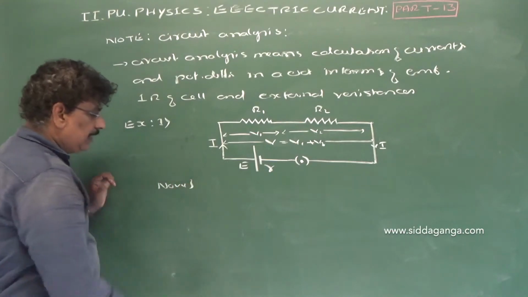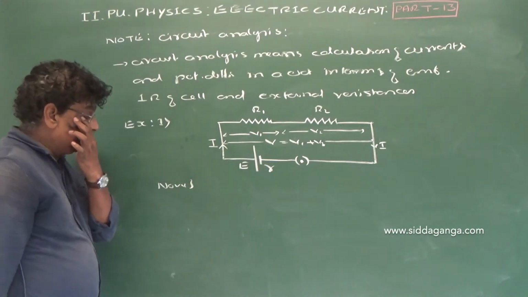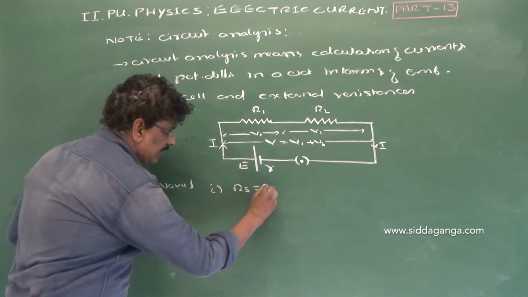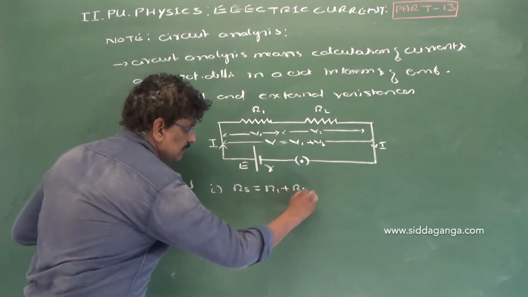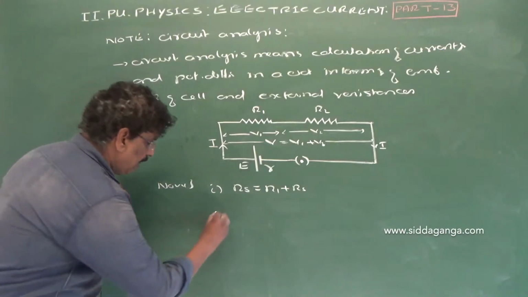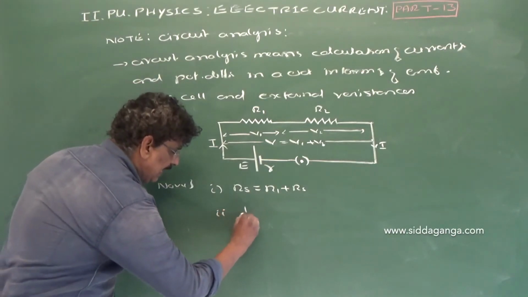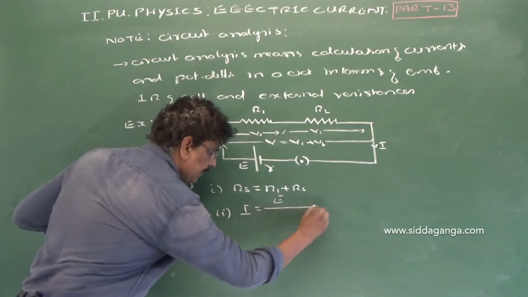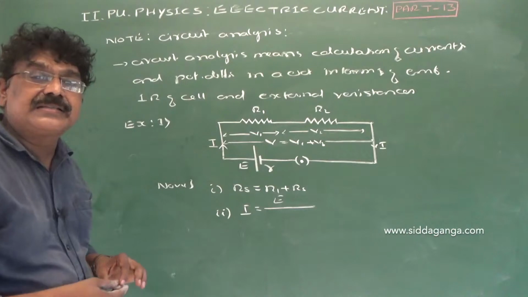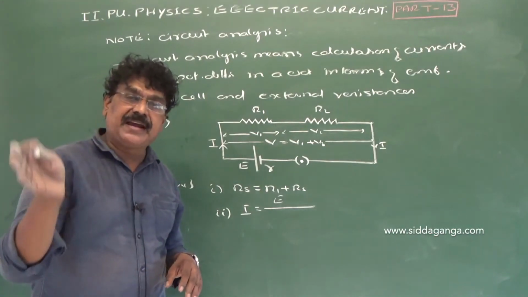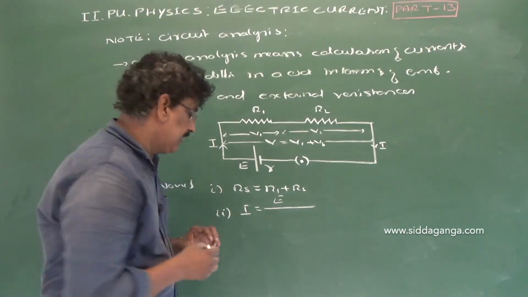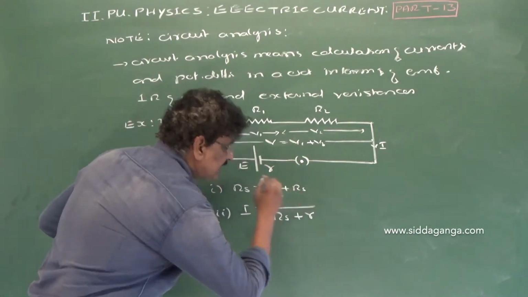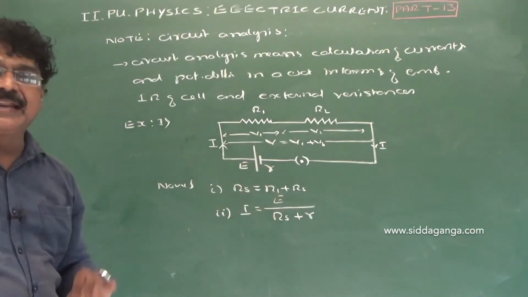To calculate current we need the effective resistance Rs equal to R1 plus R2. Second, current I is equal to EMF by total resistance; external resistance is the effective resistance of the combination, so I equals E by Rs plus R. So we can calculate the current.